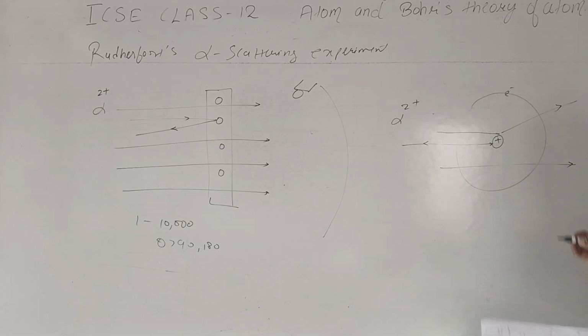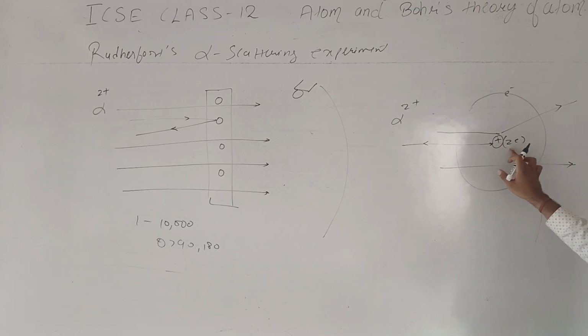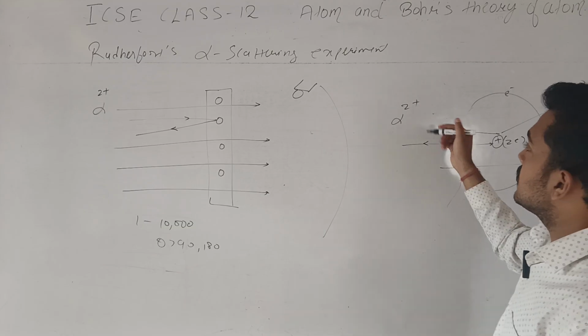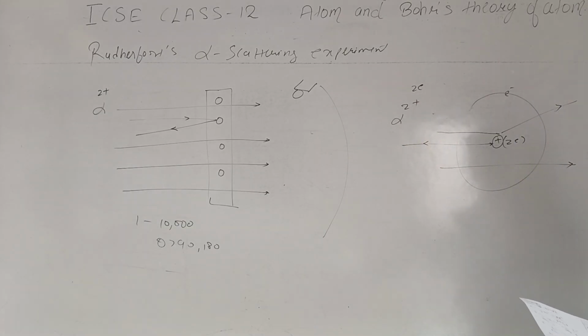So let Ze be the charge on the nucleus, where Z is the atomic number, or number of protons in the nucleus, and e is the charge on a proton. So Ze is the total charge on the nucleus, and 2e is the charge on the alpha particle.